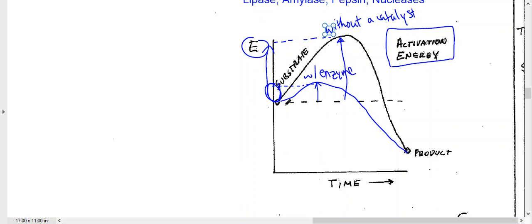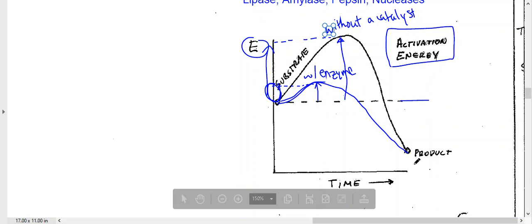It can take hours and days and weeks potentially for a cell or a system to have enough energy to push a reaction through to completion without an enzyme. But with an enzyme, you can achieve these reactions much, much quicker, fractions and fractions of a second. Enzymes work incredibly fast, and it's because they have significantly less energy they need to gather up, and they've lowered the activation energy.